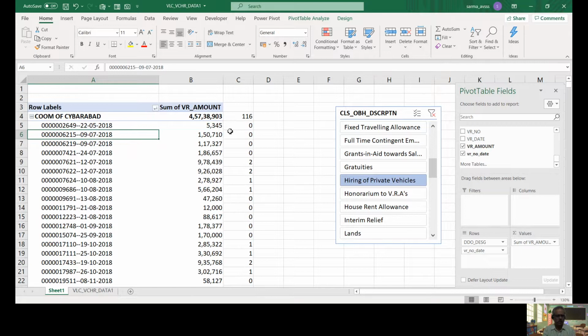Maybe there are two agencies supplying the vehicles, whatever it may be. By seeing this, we can't say that the transaction is genuine or fraudulent, but it gives us an understanding of what points we can observe on these transactions. If the agency is the same, only one agency is supplying, then why are they paying in two bills?